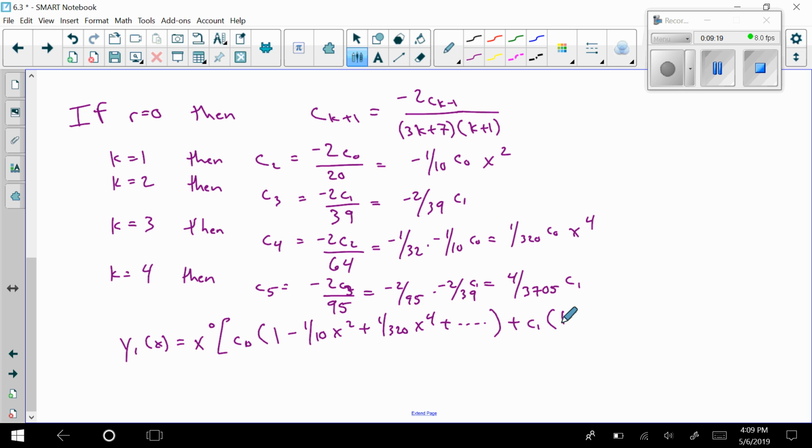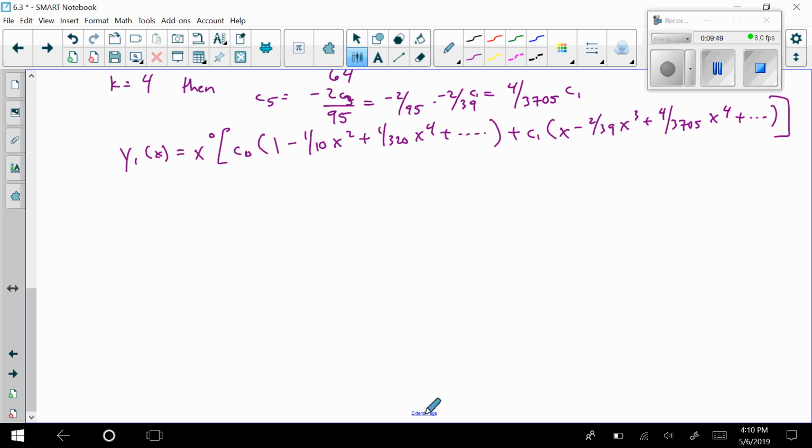It starts off with an x. Then I would have x to the 3rd here, so that's a minus 2/39 x to the 3rd. Then it was plus 4/3,705 x to the 4th, and so on. Then we close this out. And that's just for r equals 0.